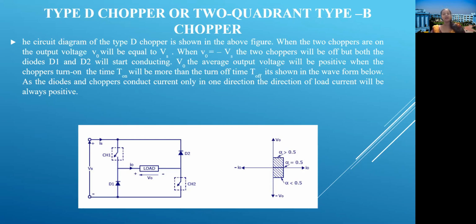But in plugging, the main principle was to interchange the supply voltage. So in one type of braking, current is negative, and in the other type, voltage is negative. In a similar way, type C and type D choppers operate. Where regenerative braking can be applied, we can use type C chopper. Where plugging can be applied, we can use type D chopper.